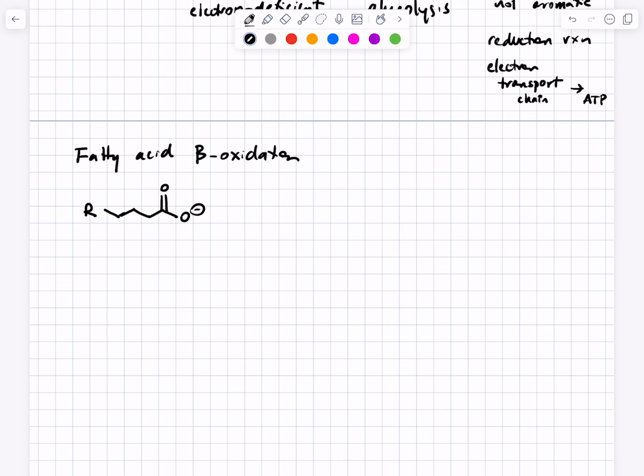Okay, so we've drawn 4 carbons of our fatty acid. Step 1 is going to be activation of the fatty acid, first from the carboxylate to the acyl AMP, and then to the thioester. Okay, so the first mechanism is a kinase-like mechanism.